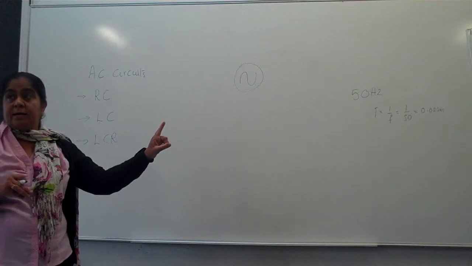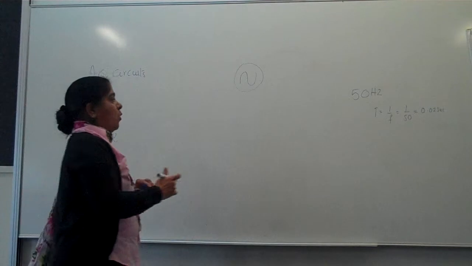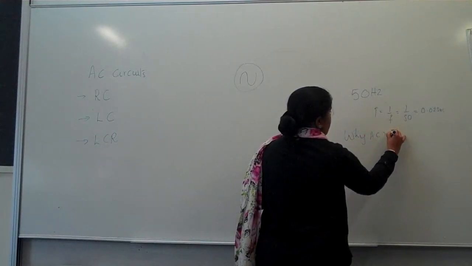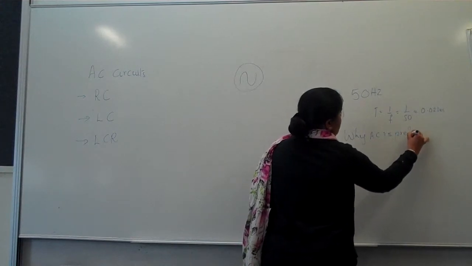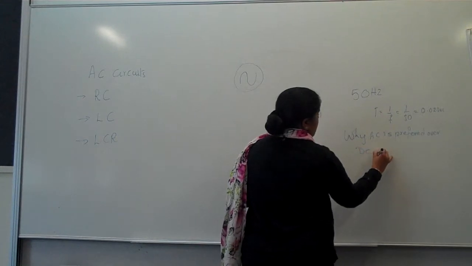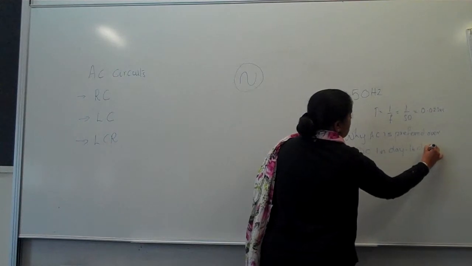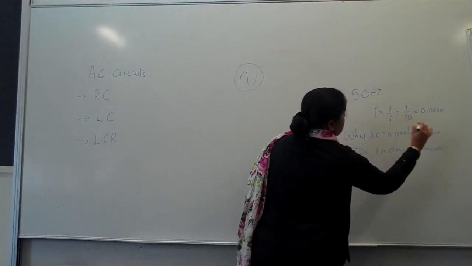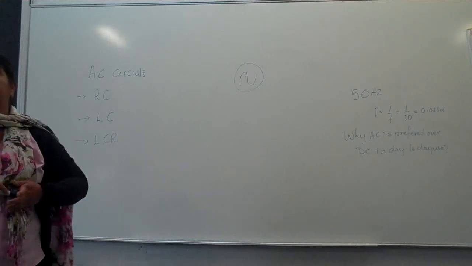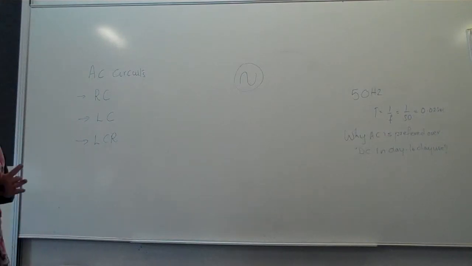I'm going to give you this as a homework question to explore: why is AC preferred over DC in day-to-day use, whether it is domestic, commercial or industrial? We use AC current. You have to find out an answer for that. Okay, now moving on.